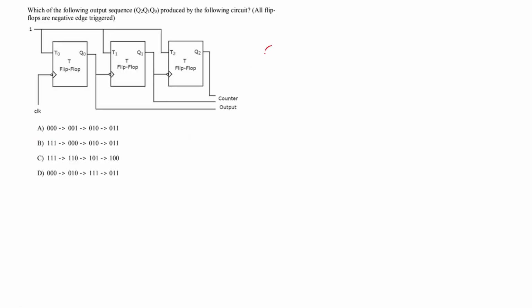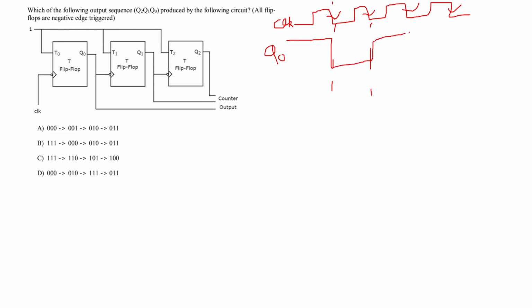So q2, let me just draw the clock first. So it is 0. This is q0. If we just start from 1, toggling will happen here, toggling will happen here, and toggling will happen here.